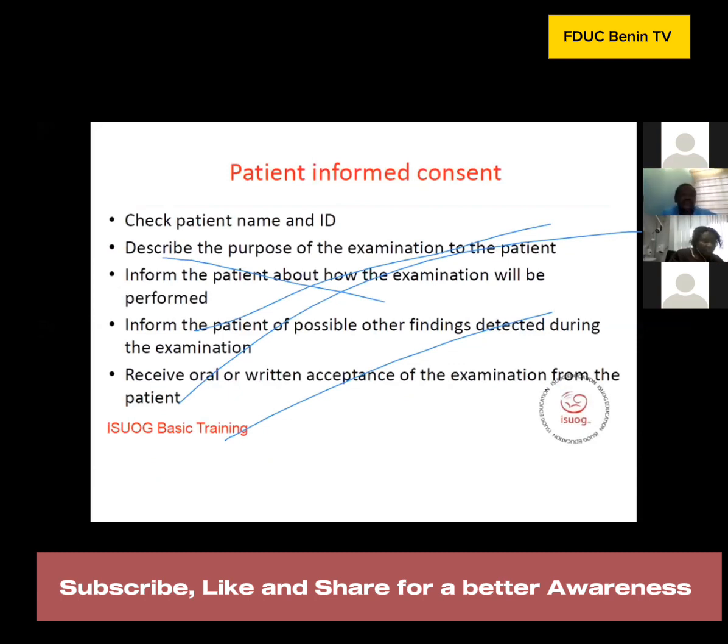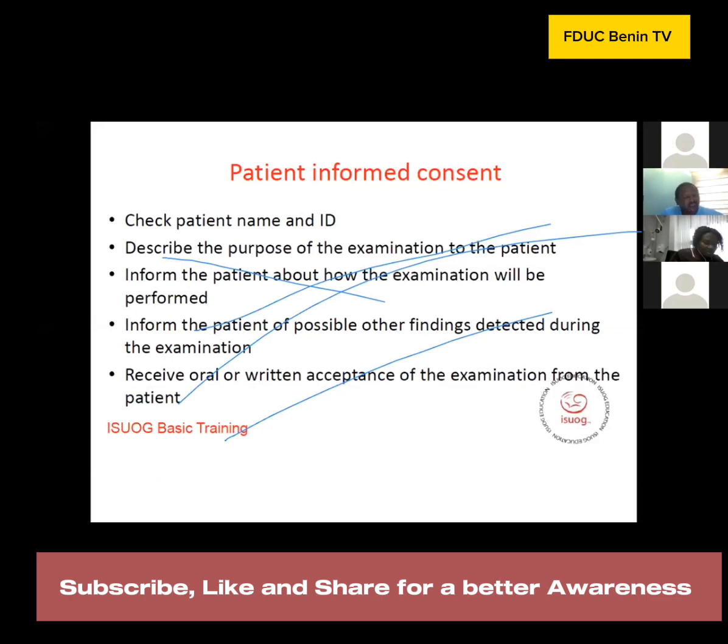One aspect that we tend to forget in our rush to insert the probe into the vagina is counseling of the patient. Please ensure that you check that it is the correct patient that we are scanning by checking the patient's name, confirming the age or date of birth or hospital admission number.